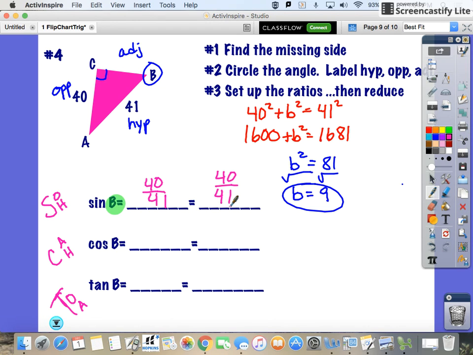That one does not reduce. Cosine is adjacent over hypotenuse. Oops, sorry, adjacent we know is 9. Adjacent over hypotenuse, which is just 9 over 41. And then last is tangent, opposite over adjacent, 40 over 9, which is simply 40 over 9.